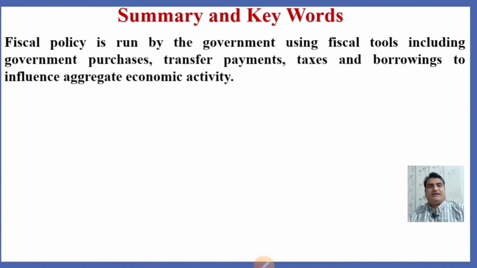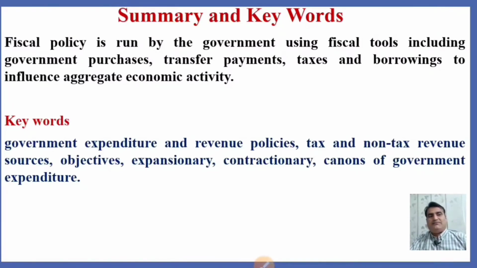How can we define fiscal policy in a short way? We can say that fiscal policy is run by the government using fiscal tools including government purchases, transfer payments, taxes and borrowing to influence aggregate economic activity.